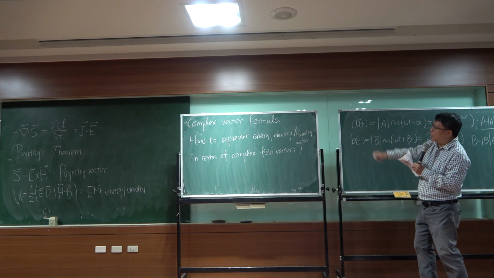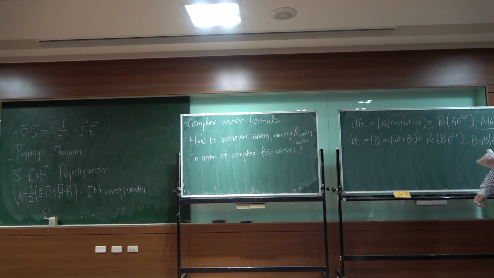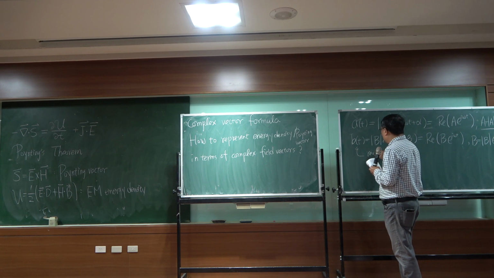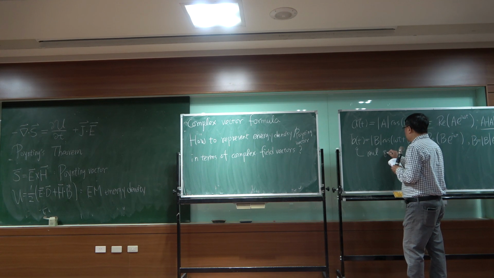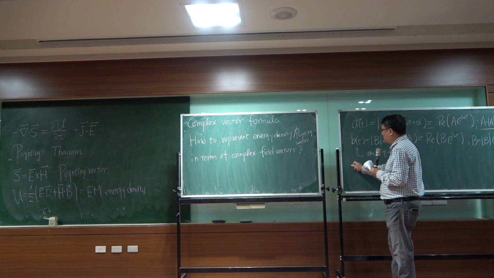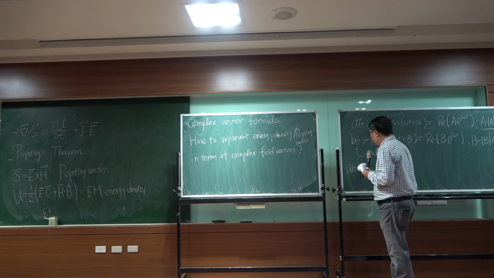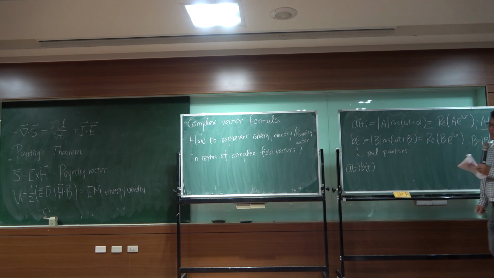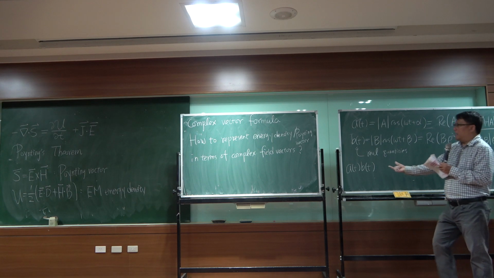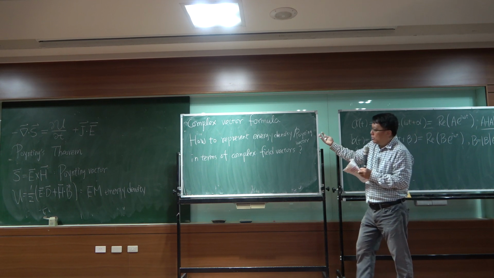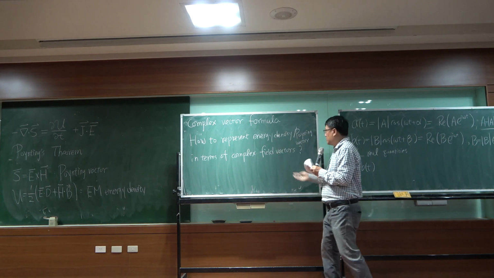Both are real quantities. Now if I consider the bilinear form, A times B, A can be equal to B, so we get A squared, corresponding to energy density.